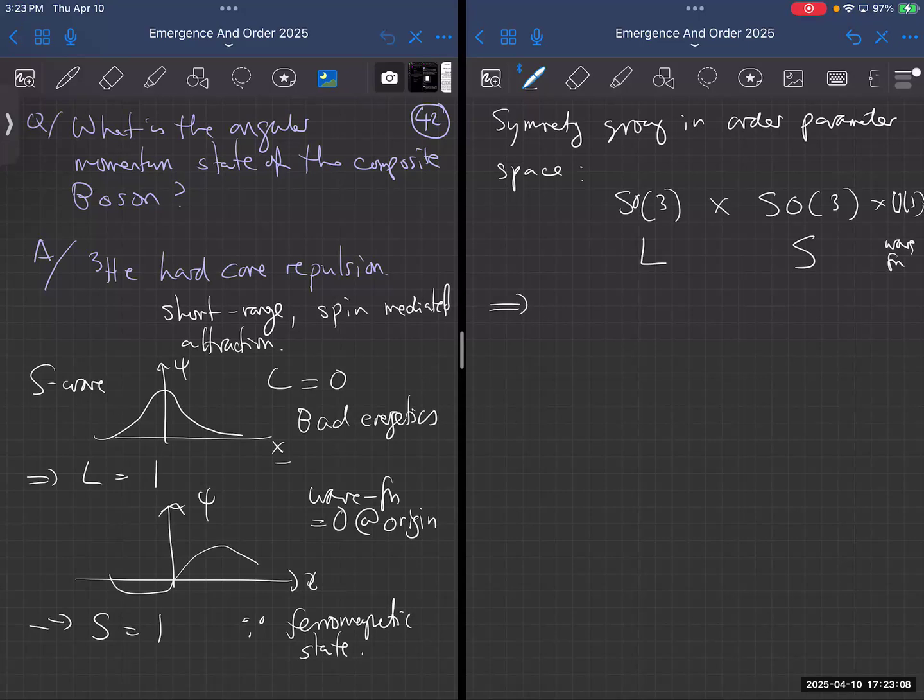And so that gives me my 18 component order parameter. And the physics of this system is absolutely mind-boggling. It simulates everything you see in high energy physics and so on. It's an incredibly rich system.